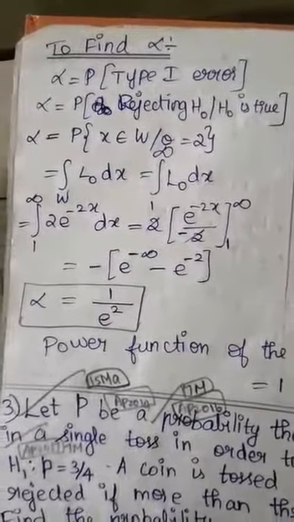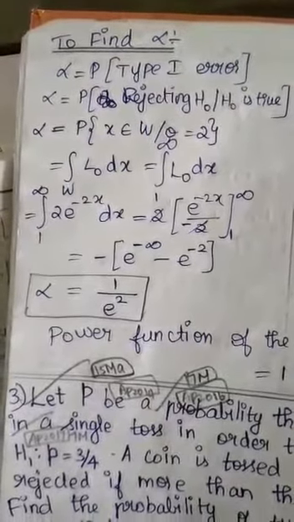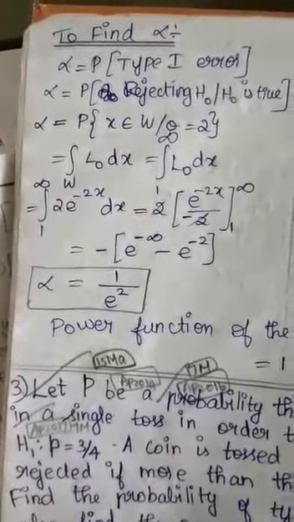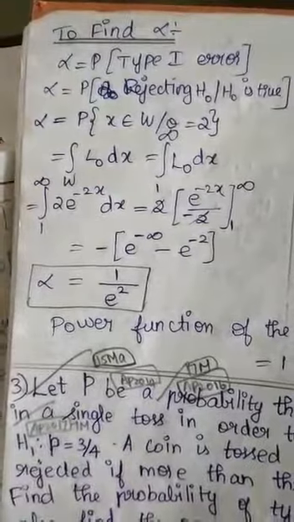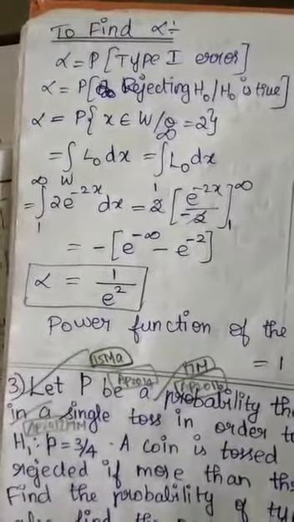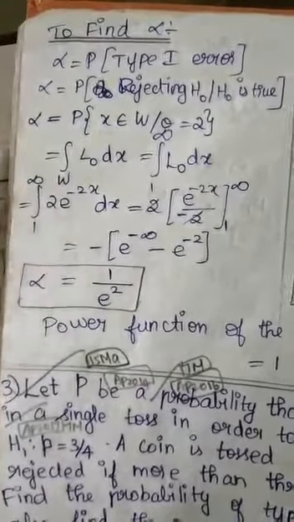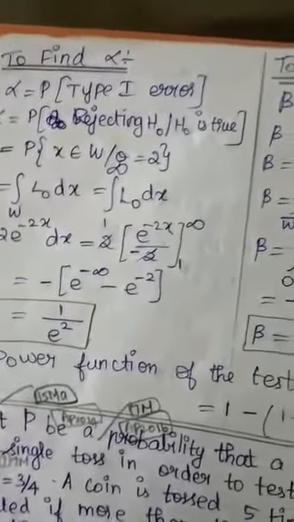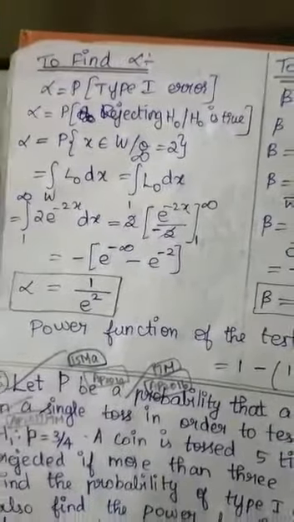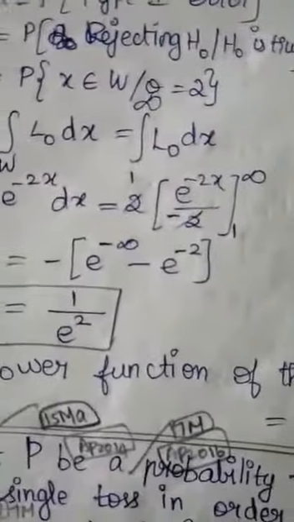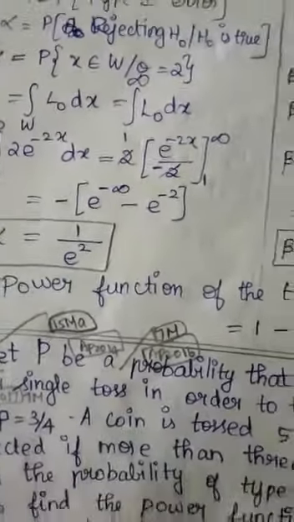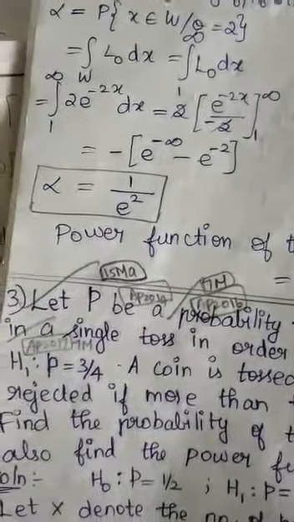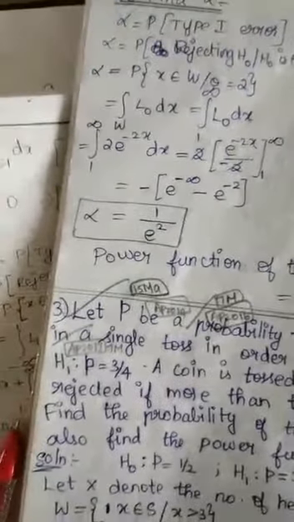The 2 cancels and the minus stays outside. The upper limit gives e power minus infinity, and the lower limit gives minus of e power minus 2. E power minus infinity is 1 by e power infinity, which is 1 by infinity, that is 0. So the first value is 0. Minus of minus becomes plus, so we got e power minus 2 alone, which is 1 by e square. This is the value of alpha.